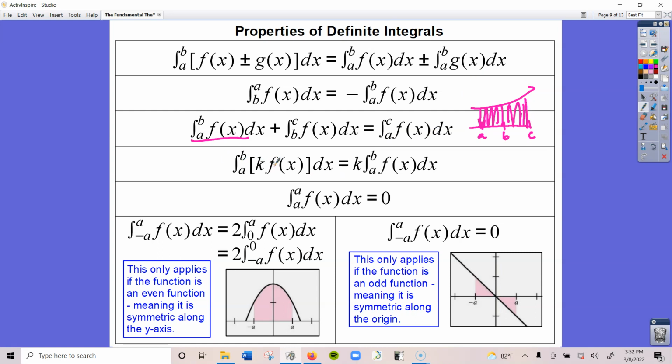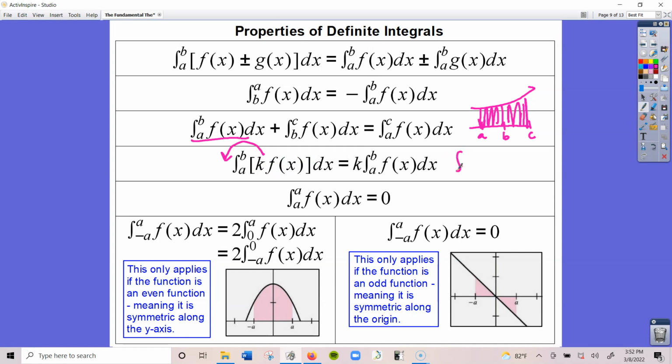Now here, this is one that we've used before. If you are integrating from a to b of k f of x, where k is some coefficient, and you don't want to deal with that coefficient right away, you can always move it to the outside of the integral, since it just tags along anyway. The only caveat here is that the k has to be multiplied to the entire function, not just a piece of it.